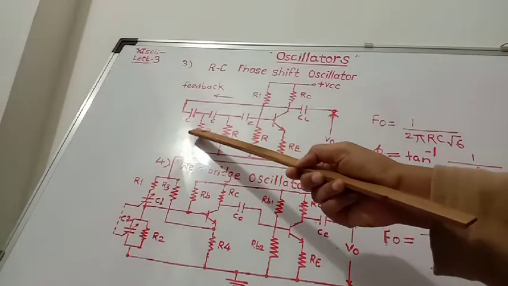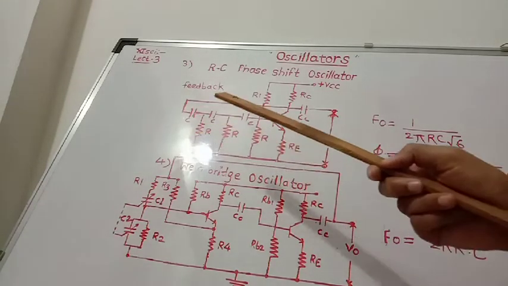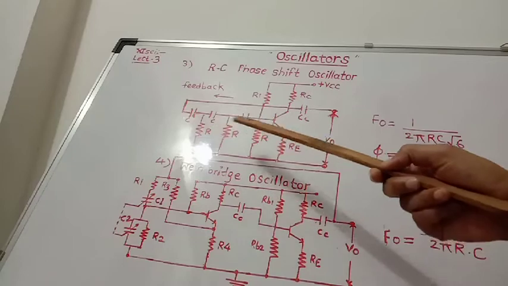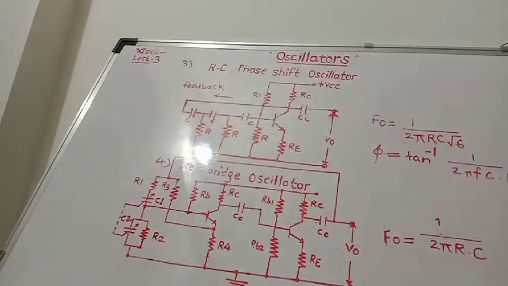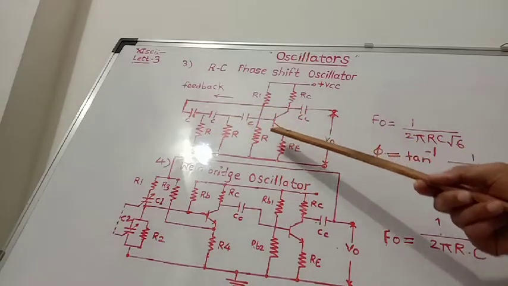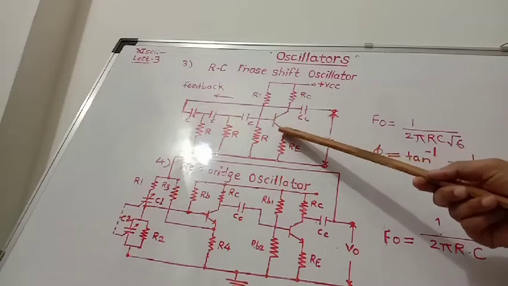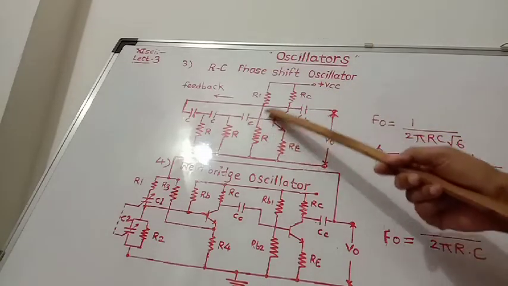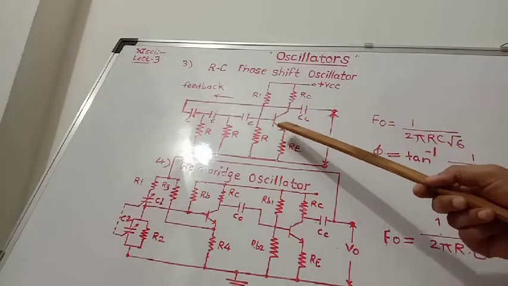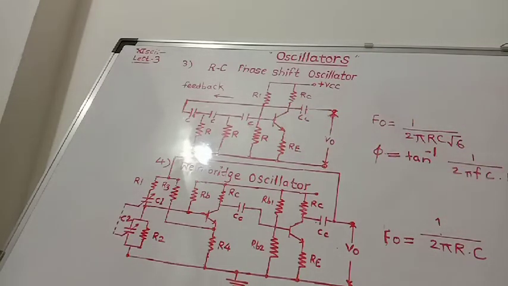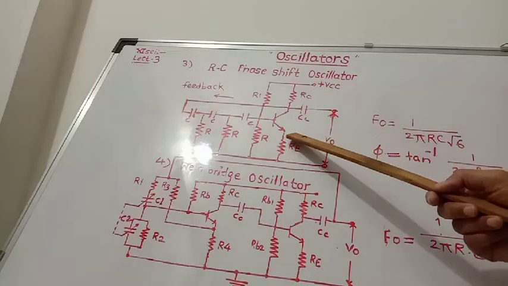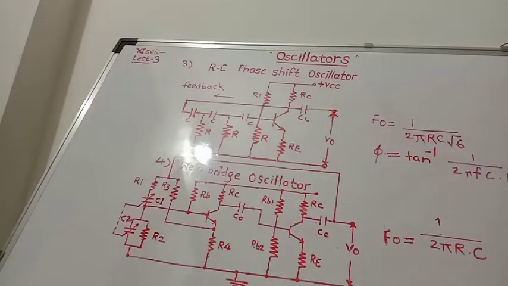Since there are three RC networks, the total phase shift is 180 degrees, and the circuit uses a common emitter transistor amplifier, which produces another 180-degree phase shift. Thus the total phase shift becomes 360 degrees, and therefore this circuit is capable of producing oscillations.